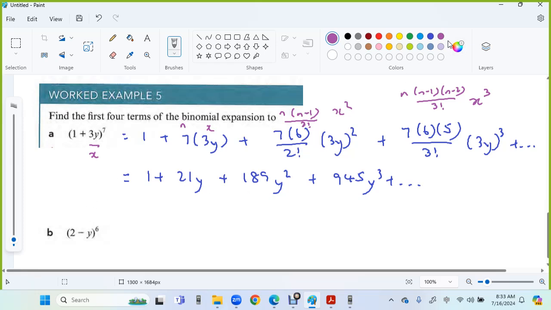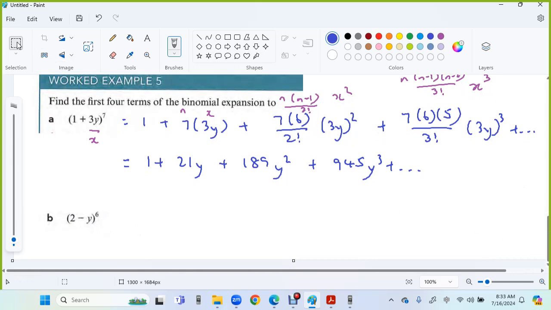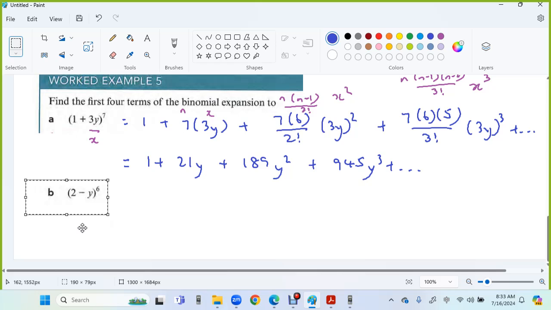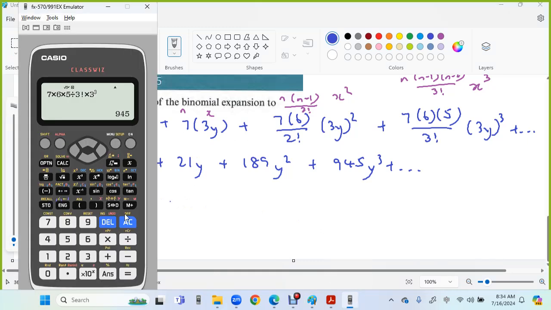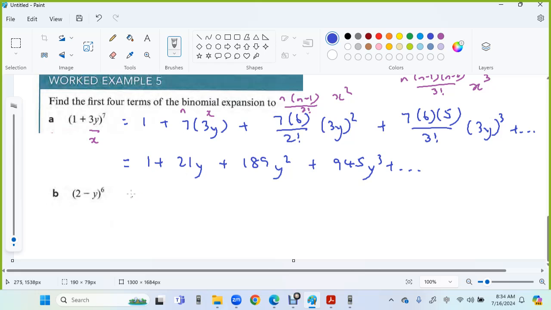For this next one, the first term is not 1. Then normally for this one, I will not use the simplified binomial expansion. I will just use the nCr.